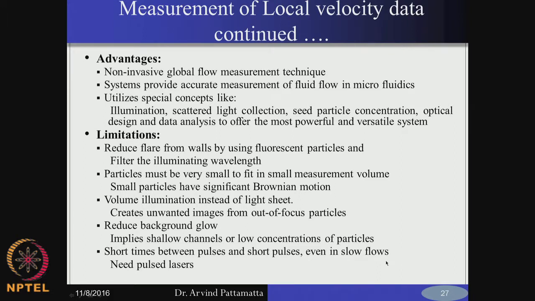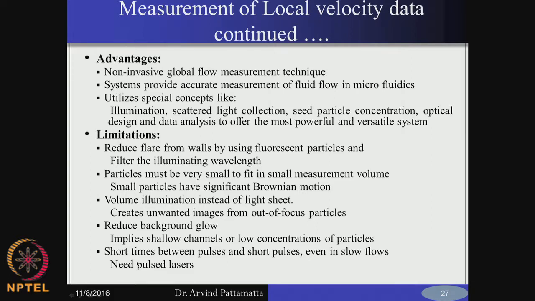So, there are so many problems in simply scaling down the conventional PIV. All these limitations list these problems. For example, you need very short times between pulses and short pulse lasers, so the cost goes up.